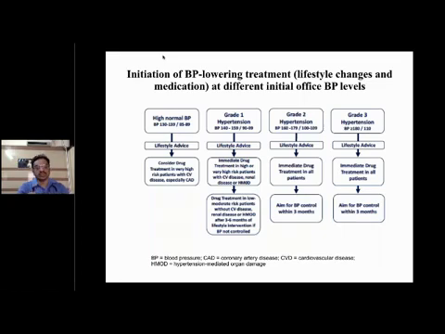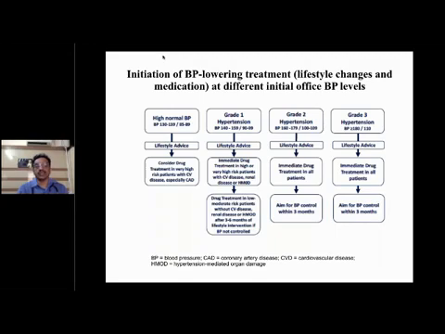But in this patient also, if the patient has high CV disease or especially CAD, then you need to start a single drug, mono drug, along with lifestyle to reduce the BP below 130. And then this is grade 1 hypertension, which is 140 to 159 or 90 to 99.